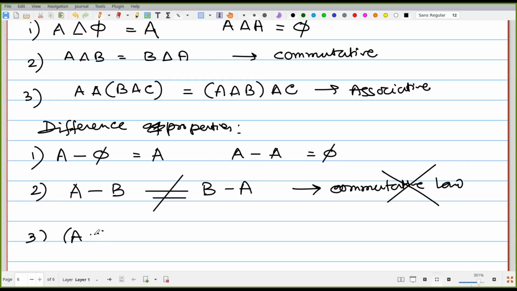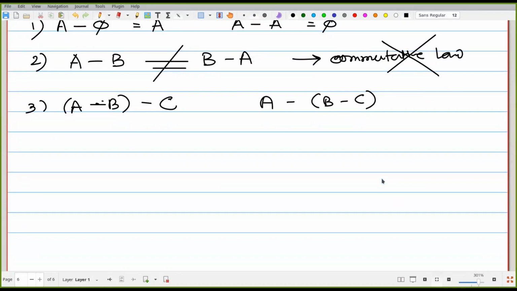Let's check what is happening here. Commutative law is not following, but is the associative following?